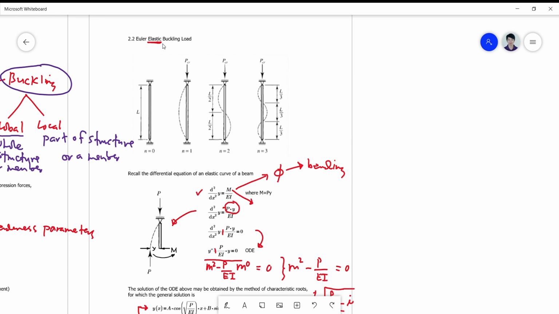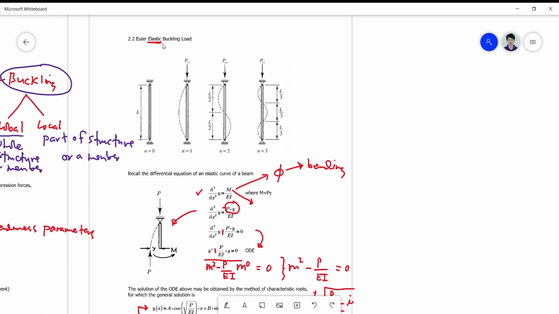Okay, so the elastic buckling load, which was introduced by Euler, is derived by means of the differential equation of the elastic curve of a beam.